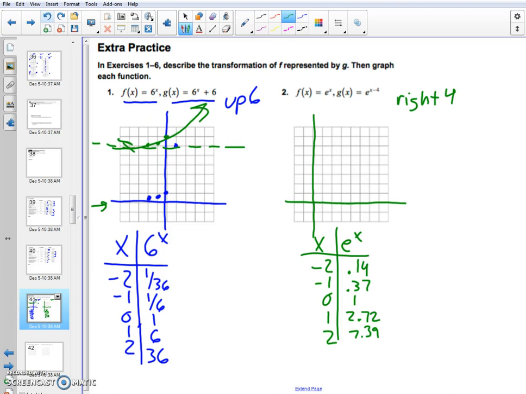So now when I graph here, negative 2, 0.14. Okay, so I don't want to connect those points yet because I still have to move right 4. So all of those points are now going to be moved right 4.